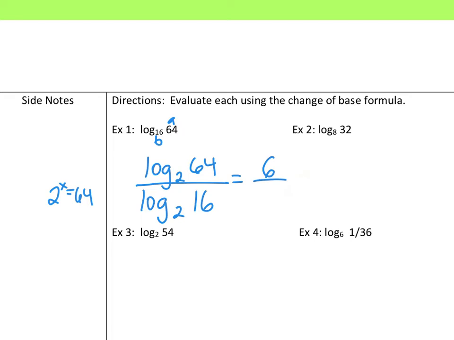Keep counting until you get to 64. Do that for 16 now. How many 2's? 4. 2 times 2 is 4 times 2 is 8 times 2 is 16. So the answer to this is 6 over 4. Can I simplify that? Yeah, what could I write? 3 over 2 or 1.5, whatever. We'll take a fraction. So that's the answer to that one.